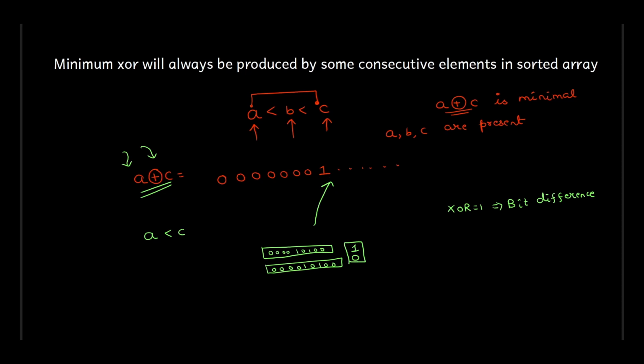This is the first bit position where they differ. And after you have set this leading bit as 0, then you are free to set any of the bits over here. This is A and this is C, right?